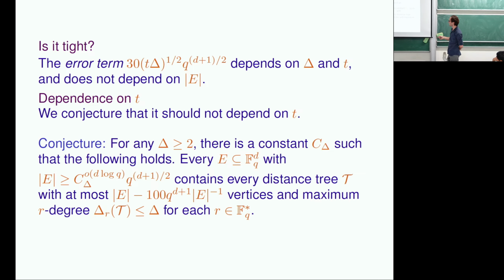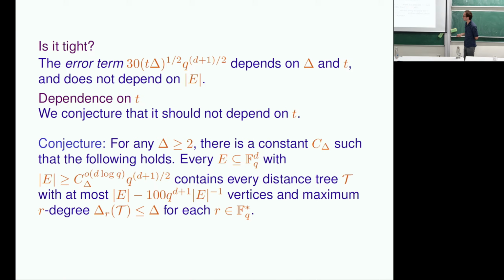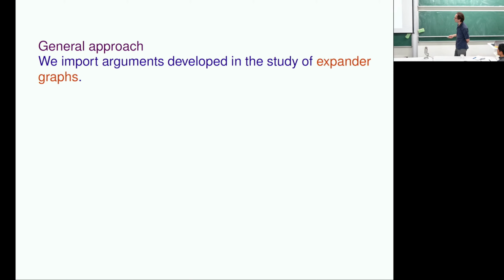So our conjecture is that you can improve this corollary of Han and Yang's work to find not just single distance trees, but every distance tree, even with different numbers of distances. So that's our conjecture.